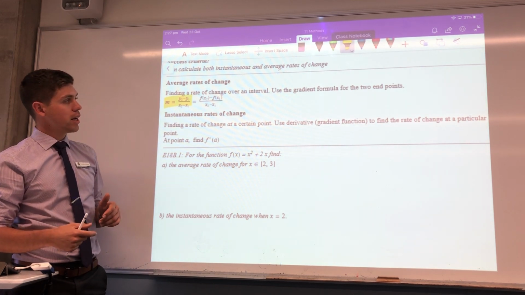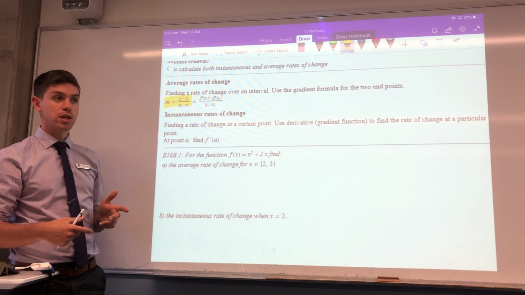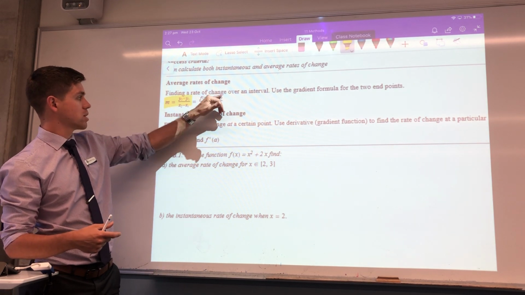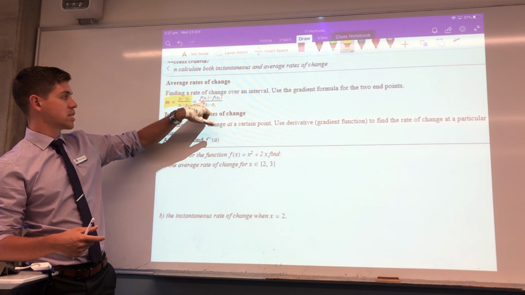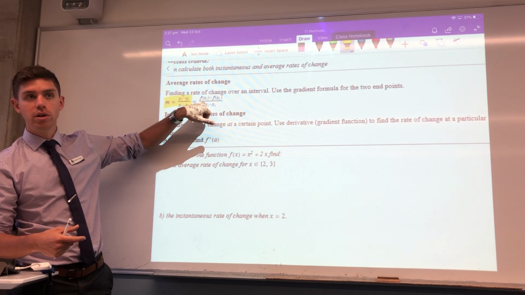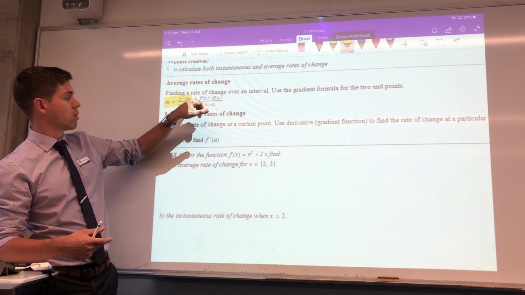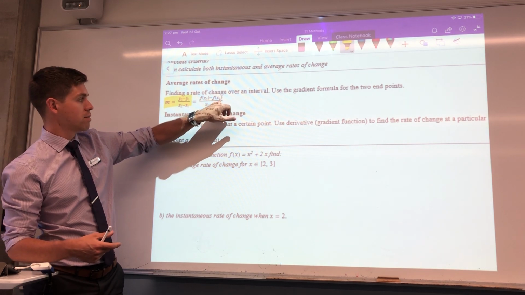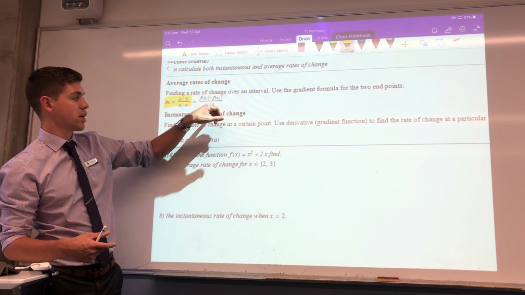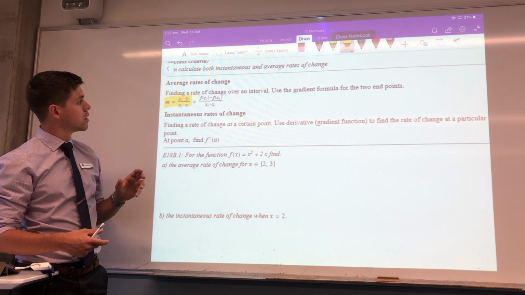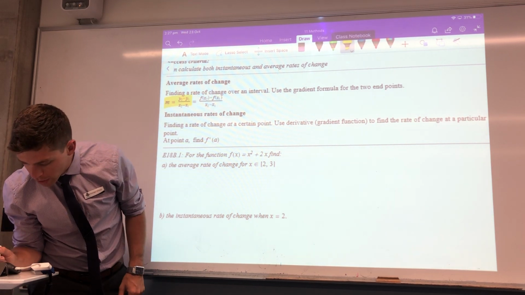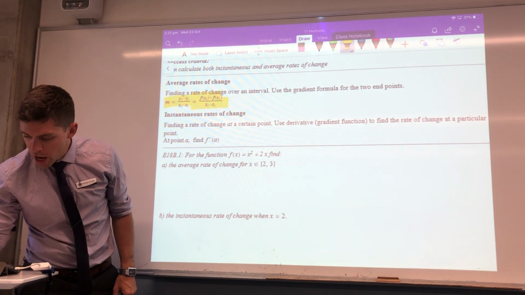Okay, well, what about in terms of functions and not just points? Let's use our function notation here and say this second y value can be determined by substituting the second x value into the function. So f of x2 take away f of x1 over x2 minus x1. All right, so that's our formula for obtaining our average rate of change.